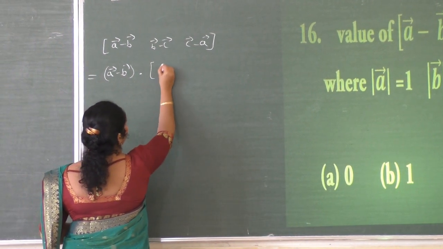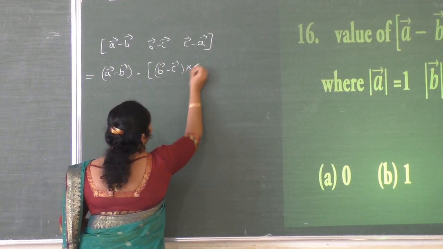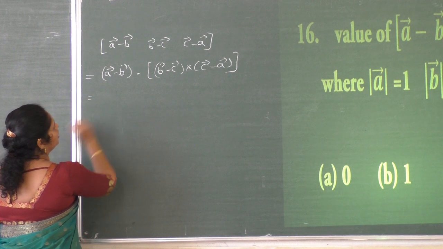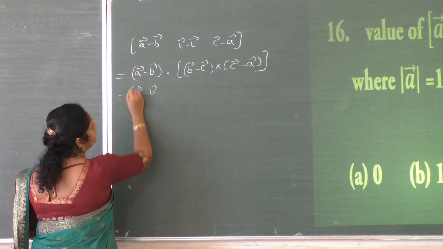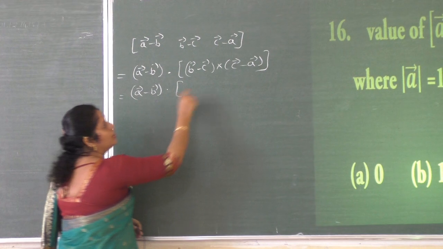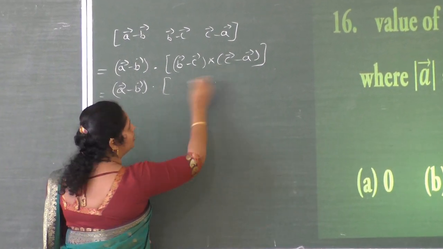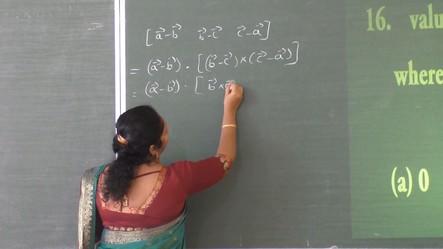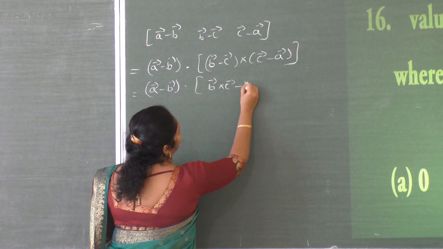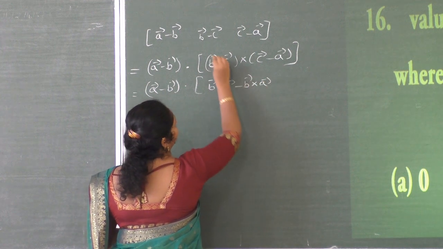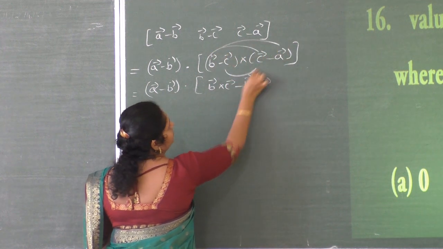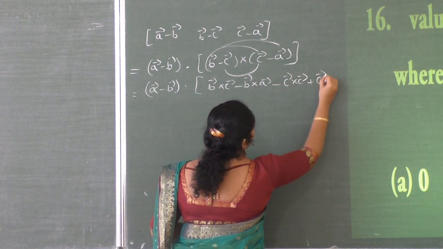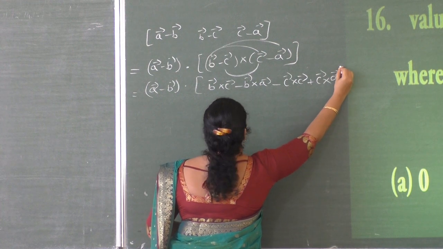Therefore vector B minus vector C cross vector C minus vector A. Now this is equal to vector A minus vector B dot, okay, multiplication by cross product, that is vector B cross vector C, minus vector B cross vector A, B cross C minus B cross A, minus C cross C plus C cross A.